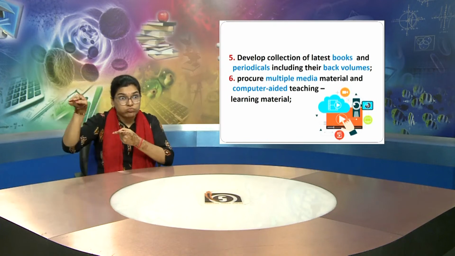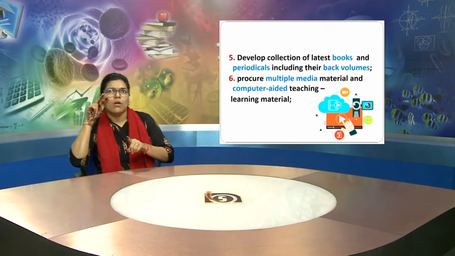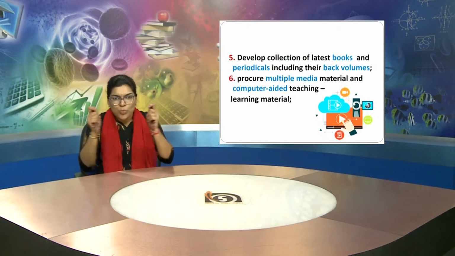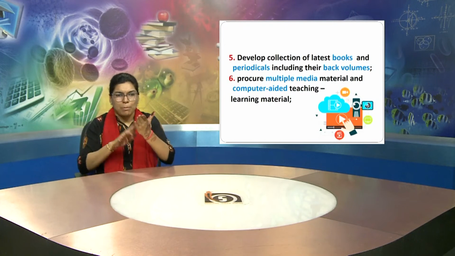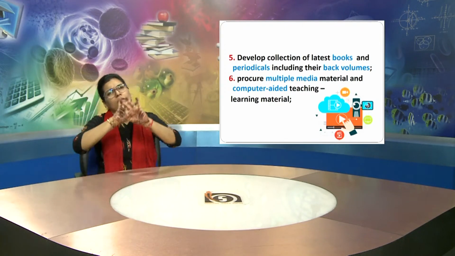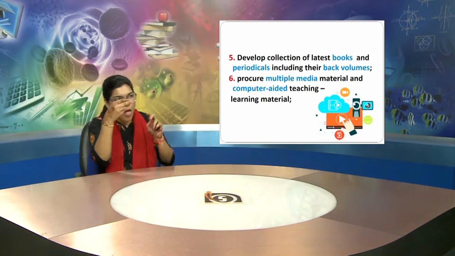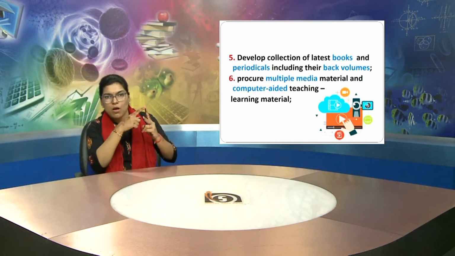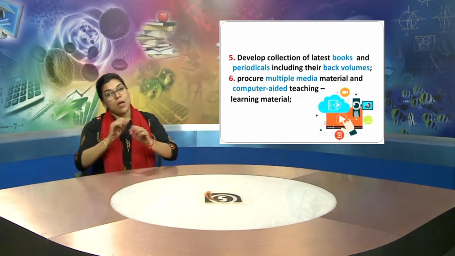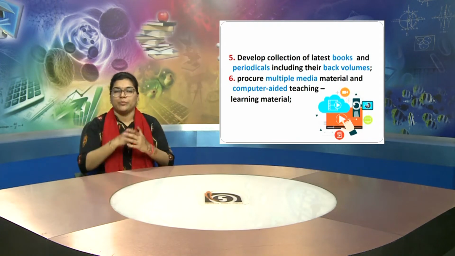So accordingly, different periodicals are available. They are all collected and kept in the library so that anyone who wants some information can have a look at it, including all their back volumes, which are also kept in the library.